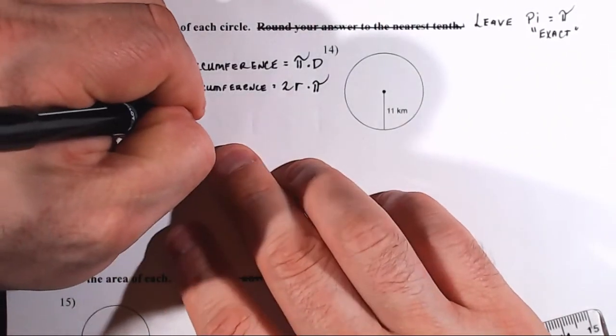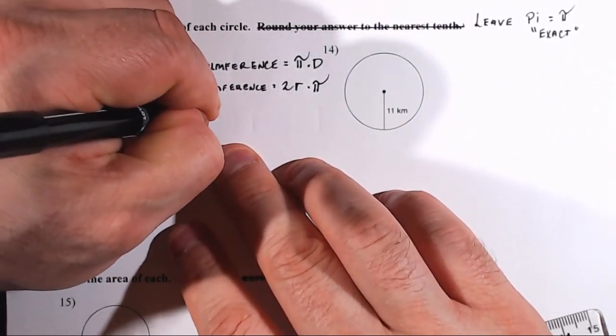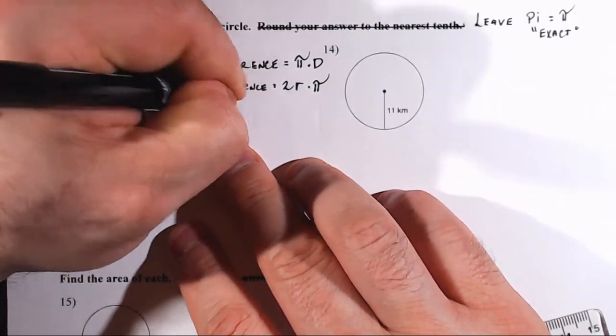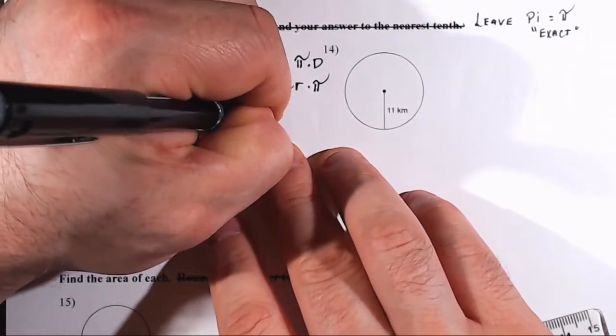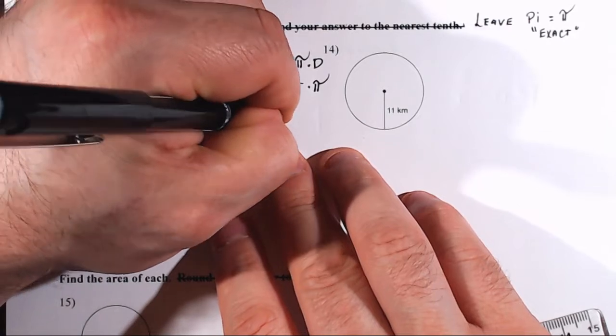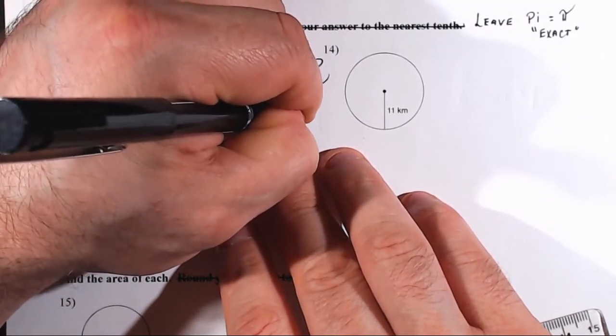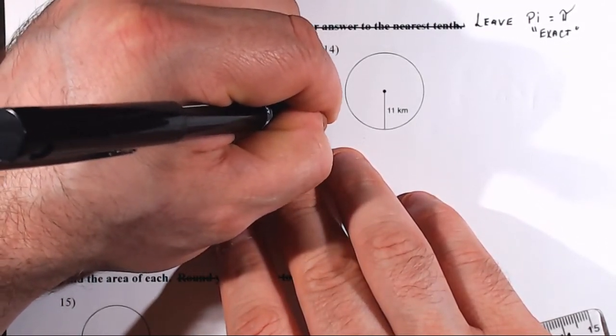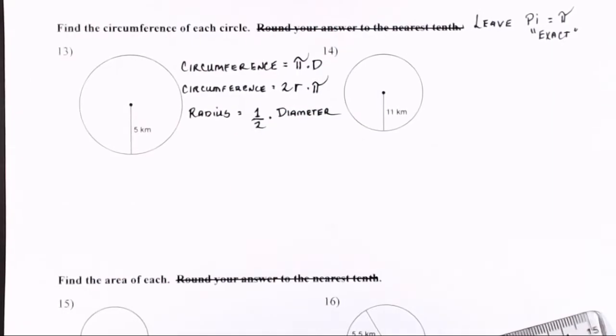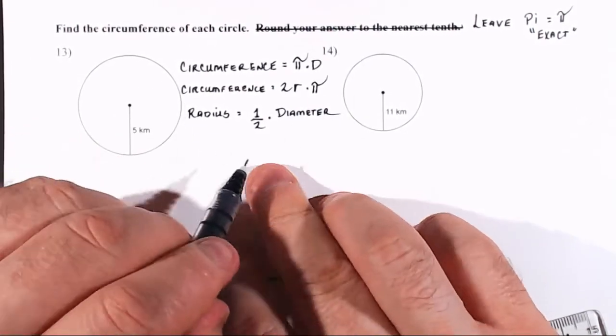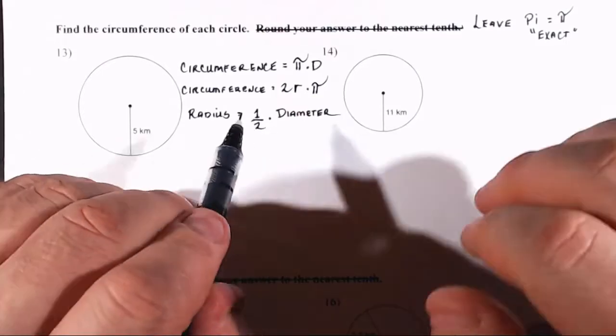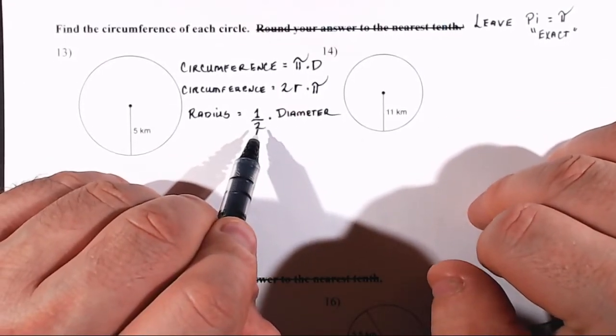So remember, the radius equals 1 half times the diameter. The radius equals 1/2 the diameter. So if I want to find the diameter, I have to get rid of this fraction on the right.